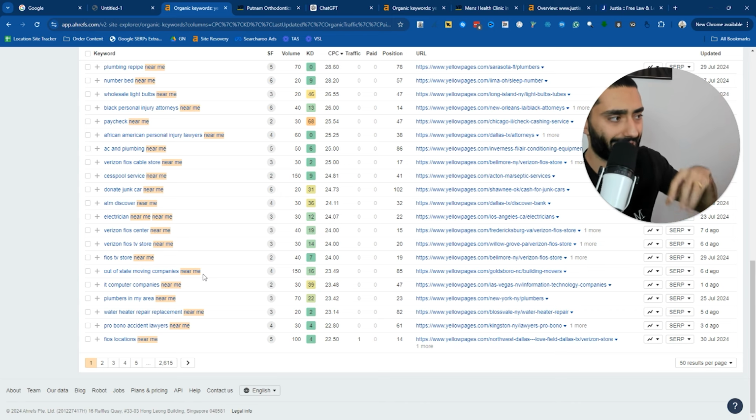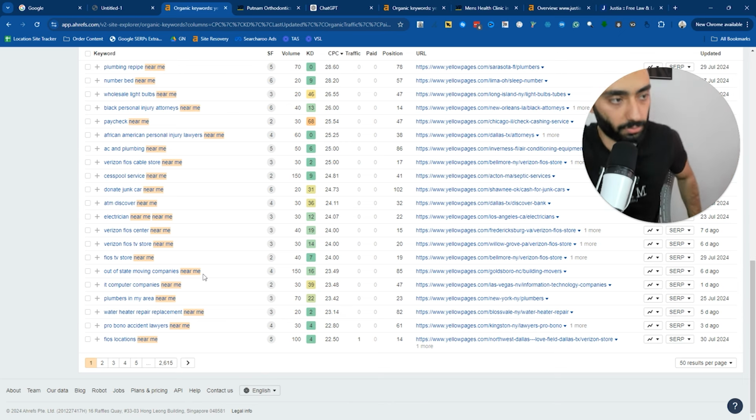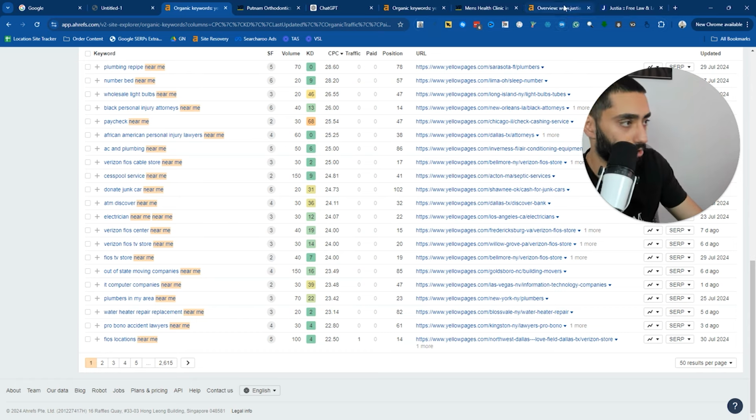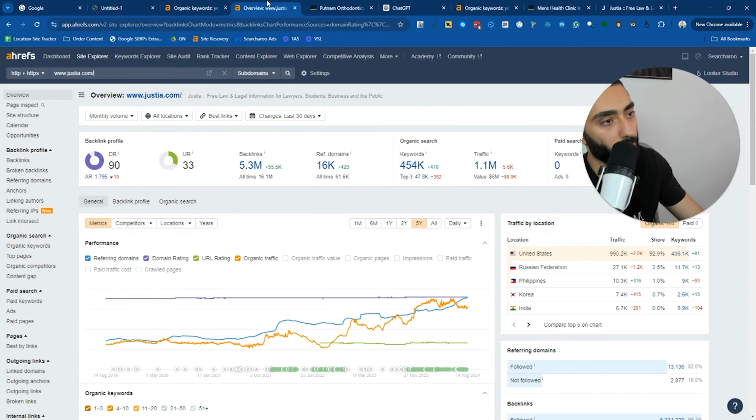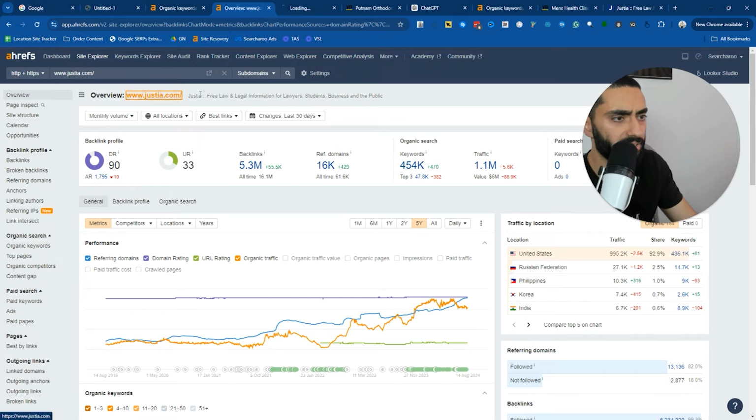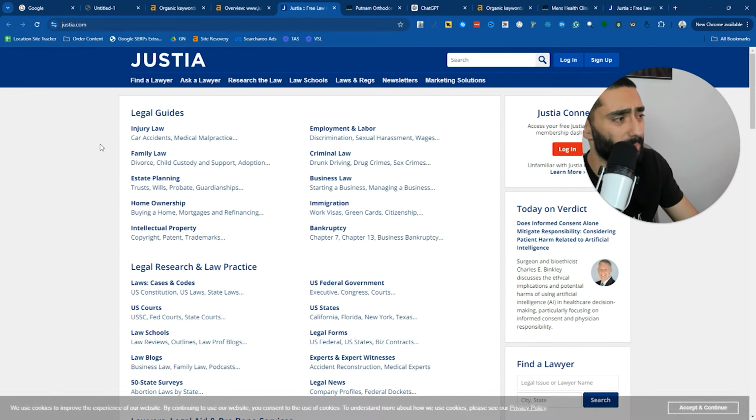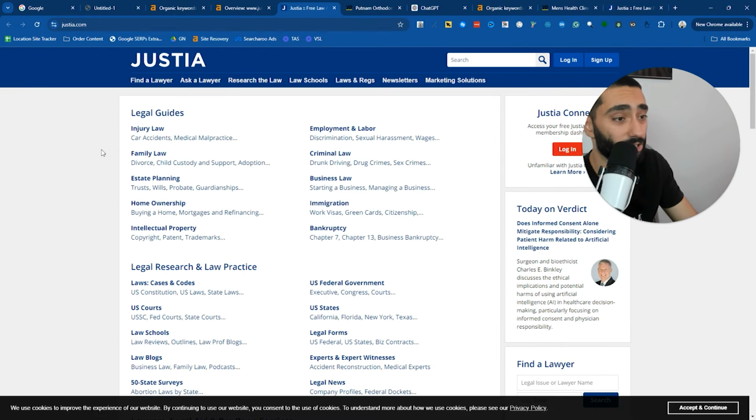Now that we have a bit more of a scope on the style of websites we're thinking of, another thing is location. What I'm going to do is look at justia.com, which is basically like the Yellow Pages just for lawyers, a legal directory.